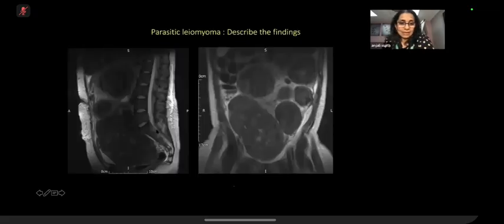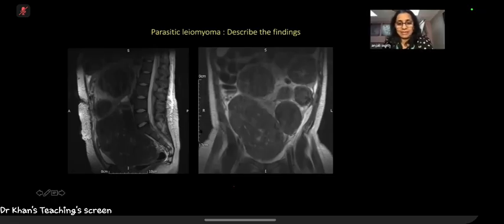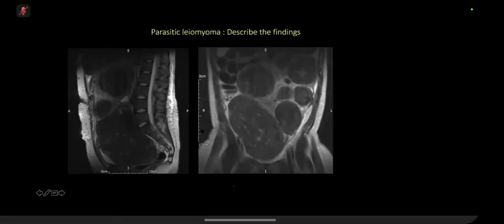Okay. This is a case of parasitic leiomyoma. Can you describe the findings? In the available views, I've given a sagittal and a coronal view. Okay.